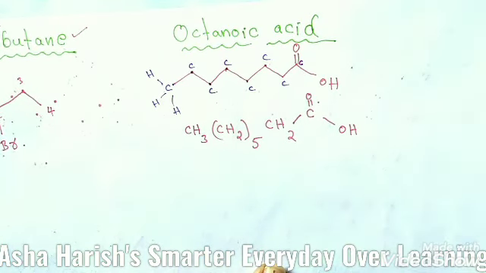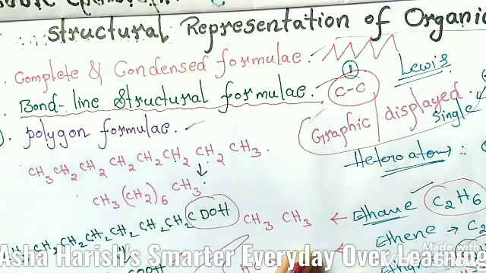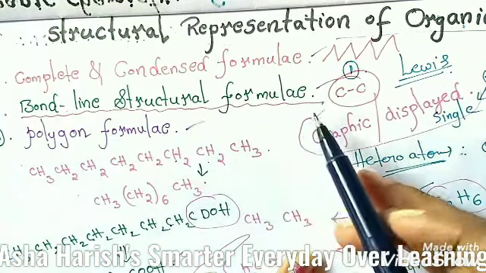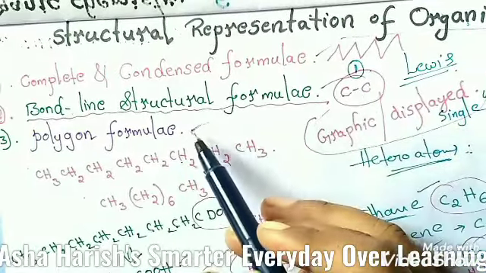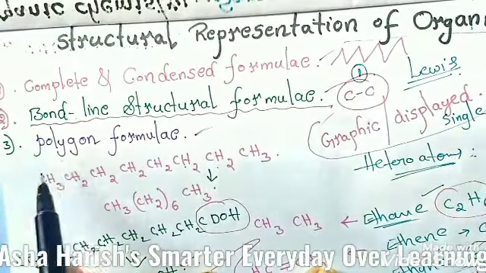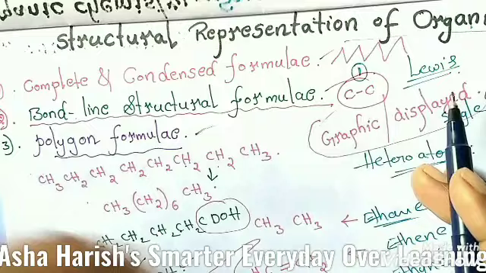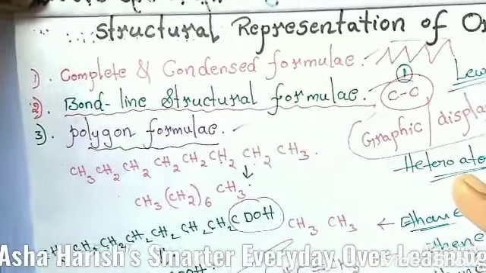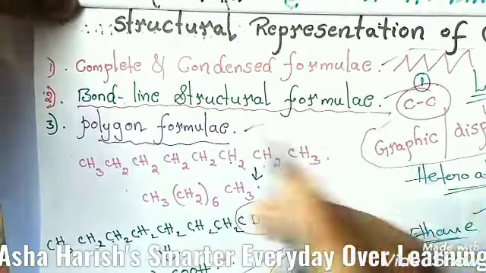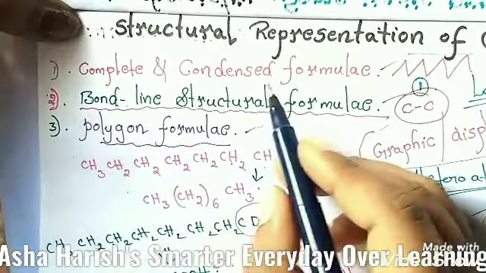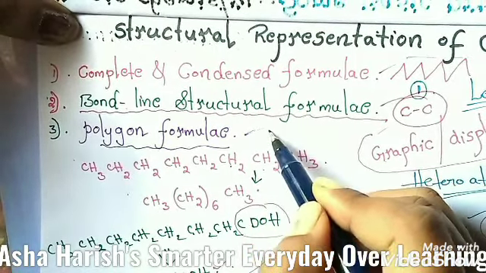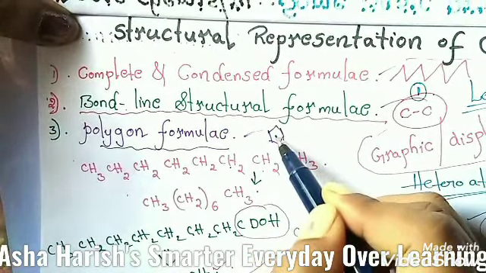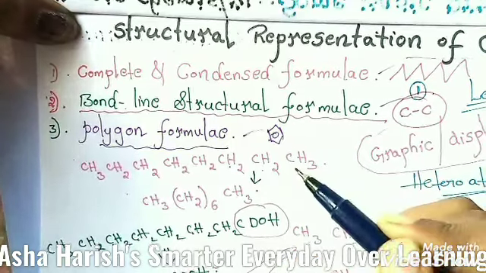Now let's see the next one, the third one, polygon formulae. Up to now we learnt about the bond line structural formulae with examples. The third one, polygon formulae. There are many organic compounds in which the carbon atoms are not joined in a chain but are joined in a ring, just like closed compounds.